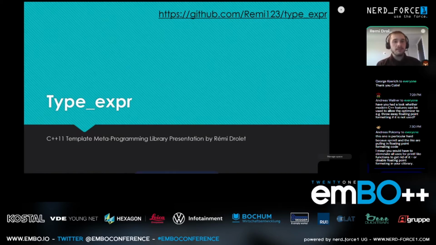So I want to talk about my template metaprogramming library that I wrote just before COVID, and then since then I expanded it. Then I discovered 3D printing, so I had another hobby.